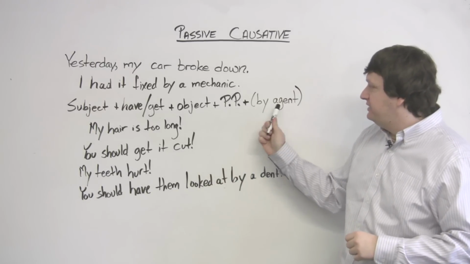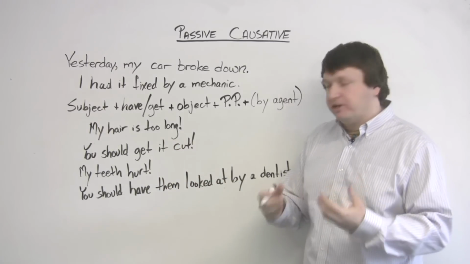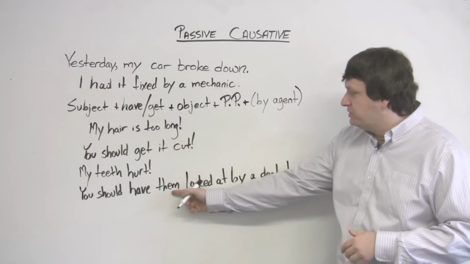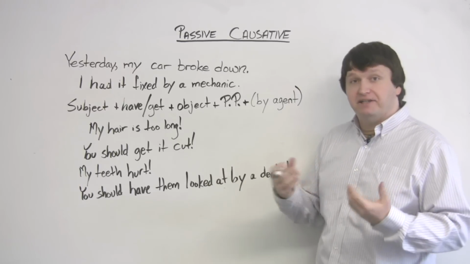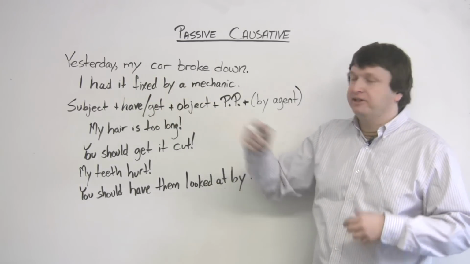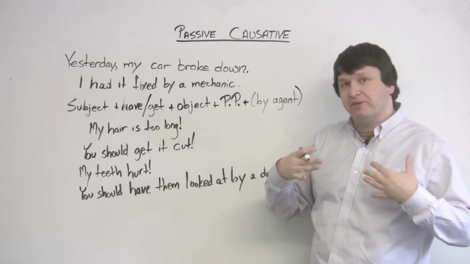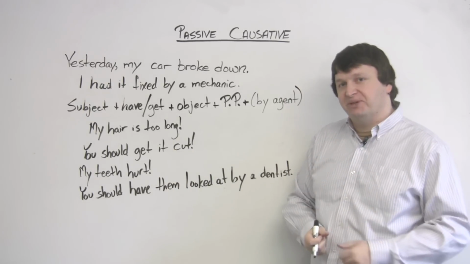So by an agent. Here, my hair is too long, you should get it cut by a barber. My teeth hurt, you should have them looked at by a dentist. Yesterday, my car broke down, I had it fixed by a mechanic. So you got someone else to do something for you, okay?